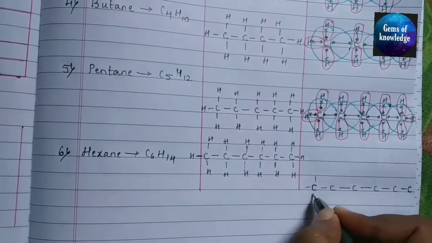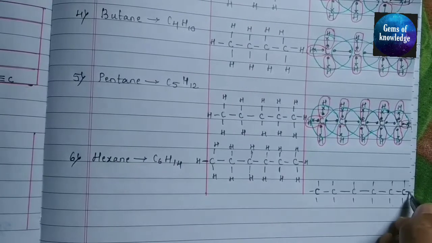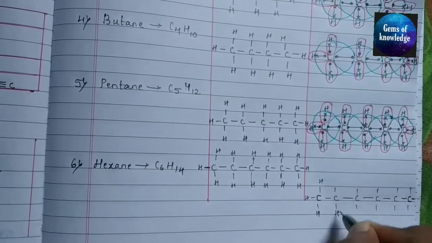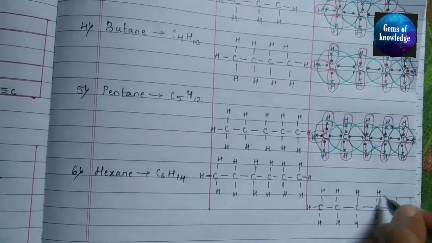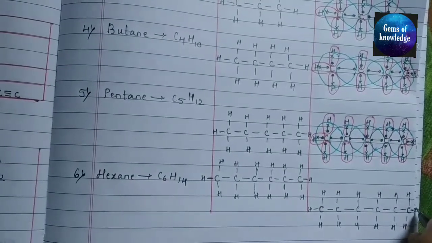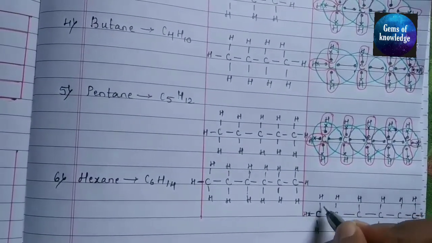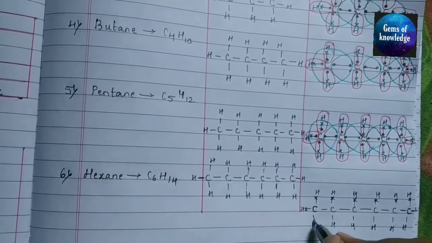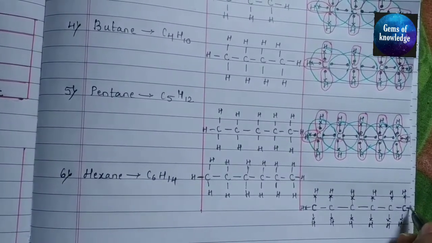So this needs 3, and one more will be here. And one hydrogen is present here. So this will be X, this will be X. Everywhere hydrogen will be in the form of X. And here too.